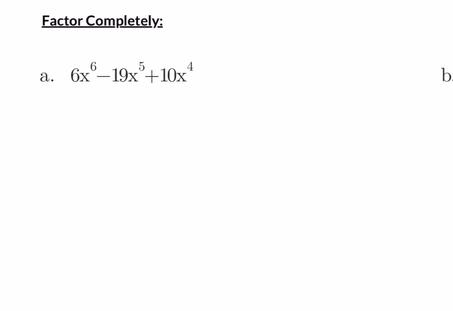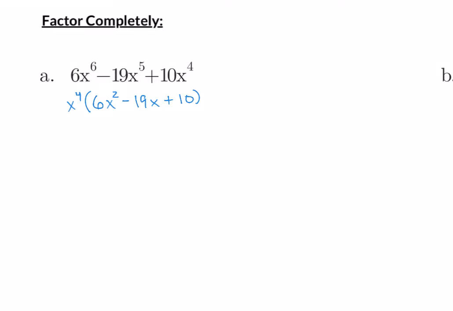How many do they all have in common? They have 4. So I'm going to factor out x to the 4th. And if we go ahead and do this, we get 6. If I have 6 x's and I factor out 4 of them, I'm going to be left with 2. Minus 19. If I have 5 x's and I factor out 4, I'm left with 1. My last term, we've already factored out all of them.